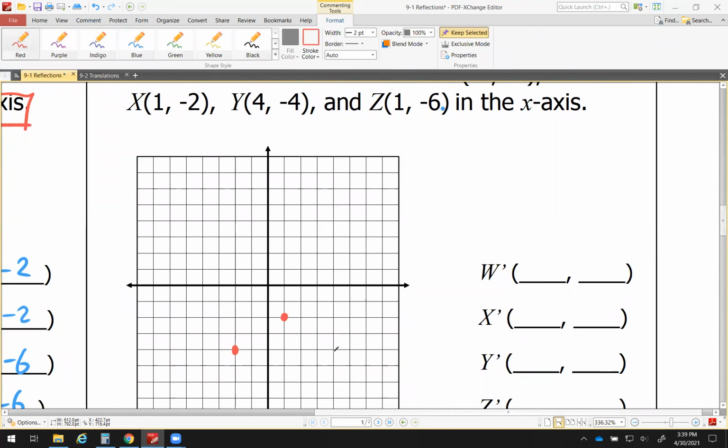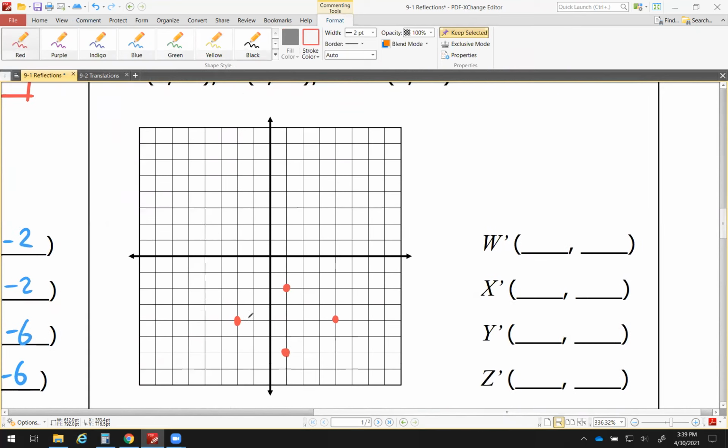Y is 4, -4. And Z is 1, -6. There we go. So that's W, X, Y, Z. Here's our pretty shape. Okay, lines don't connect all the way, but it doesn't really matter that much.